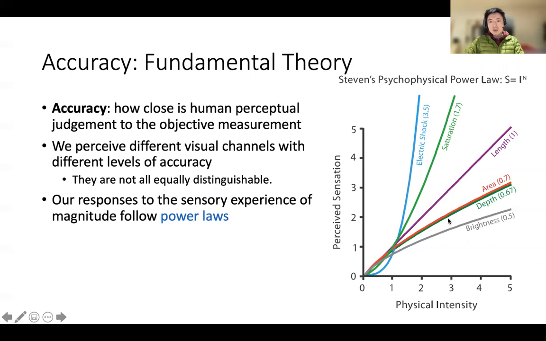And when it's 3, its perceived value is about 2. So what happens here is, for area, the perceived value increases more slowly than the actual value. For example, when the actual area is 5, you perceive something like 3. So you have about a 0.7 factor.